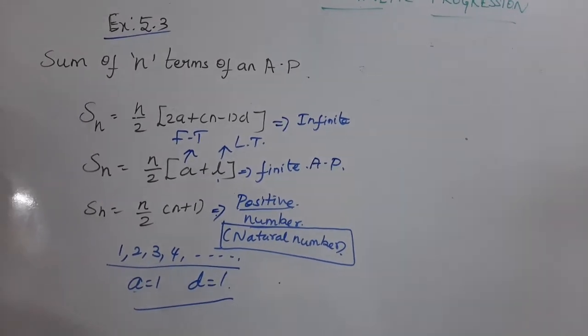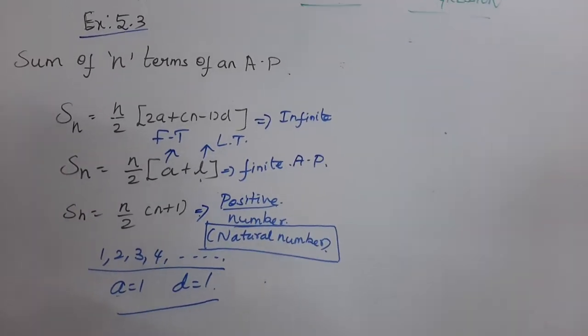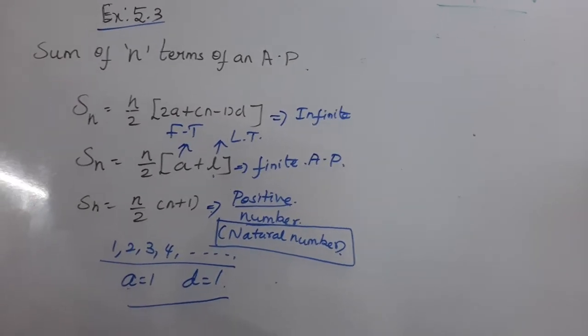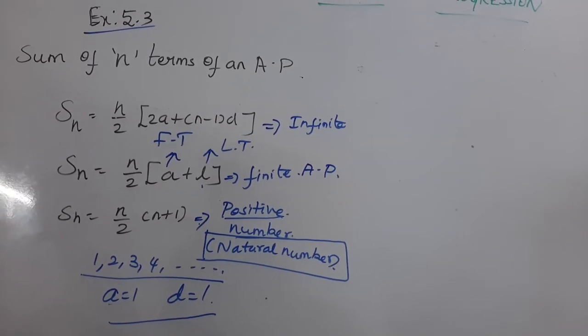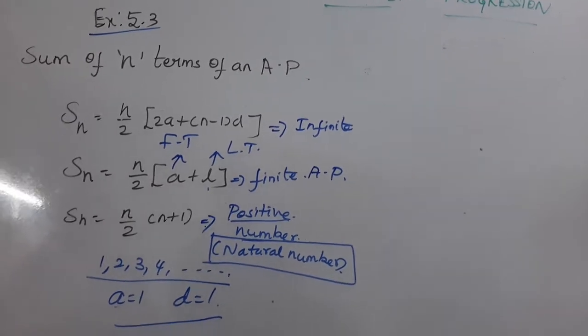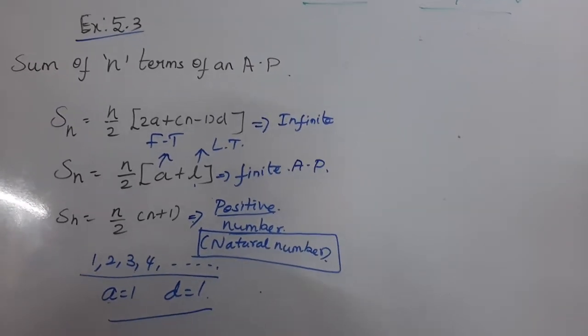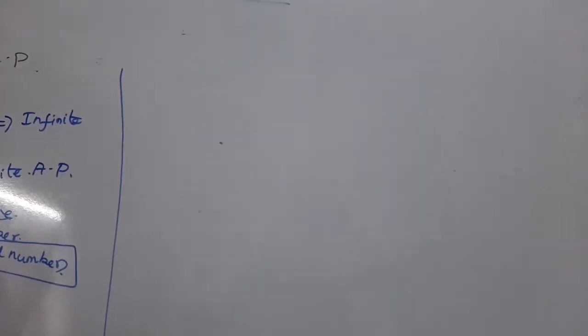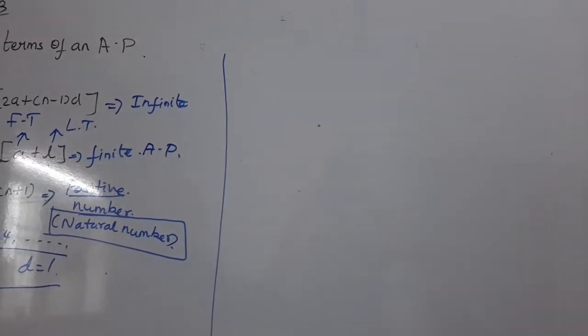Now in this exercise, we have seen how to find the sum for finite AP, for infinite AP and for word sums. Now I am going to concentrate on word sums. Either for finite AP or for infinite AP, the values of a, n, d will be given, children, so that we can directly substitute in the formula to get the sum.